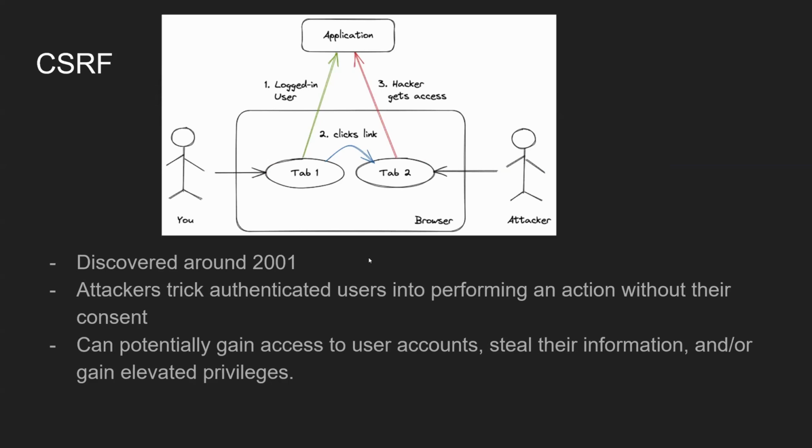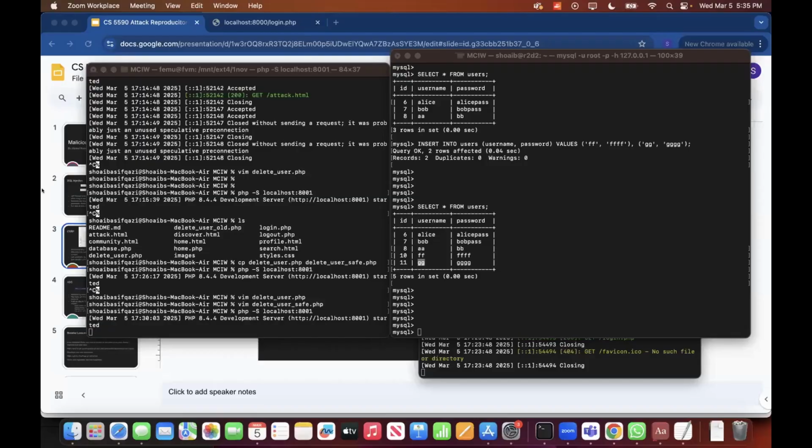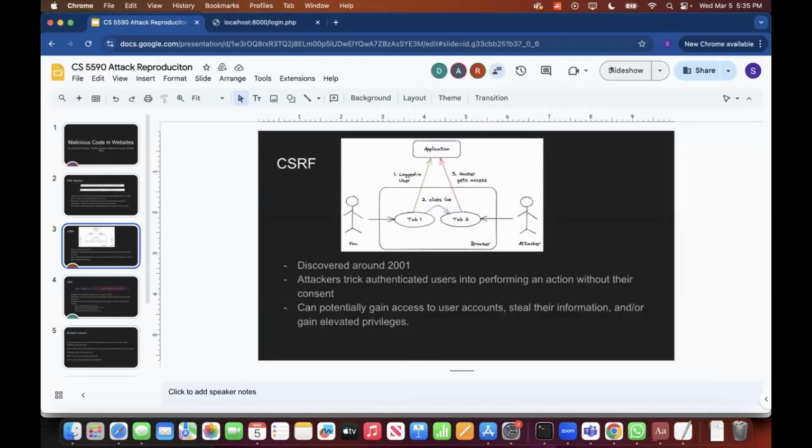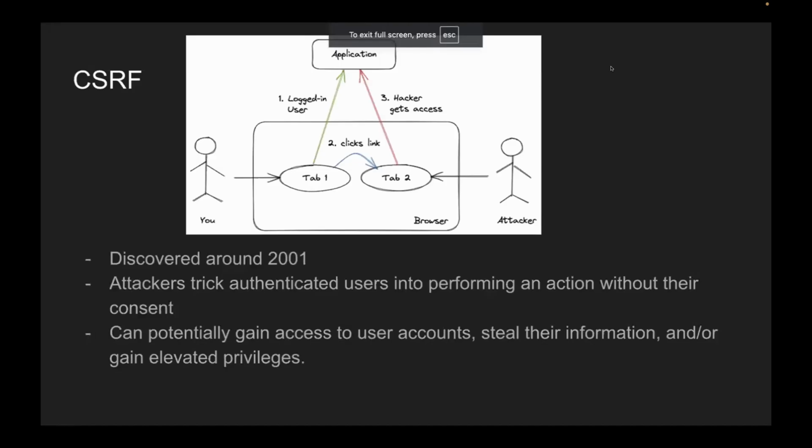Okay, let me share my screen and take you through how this particular attack works. Okay, so the CSRF attack was discovered around 2001, and the way it works is it tries to steal the cookies of already authenticated users and then perform some task on behalf of the authenticated user.